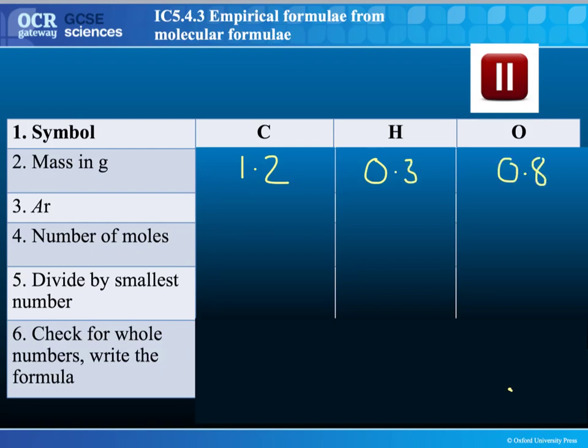Then you need the atomic masses of the atoms involved. Carbon is 12, hydrogen is 1, oxygen 16.